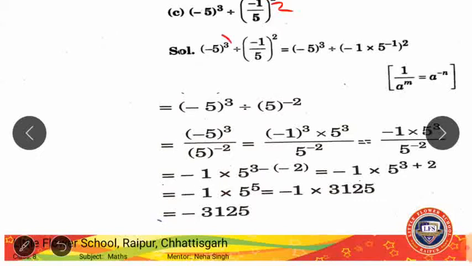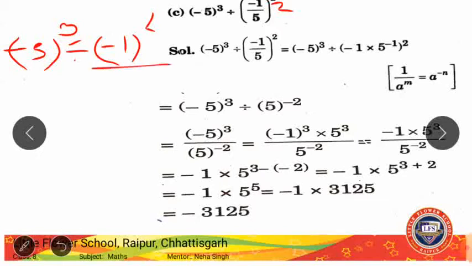Again, this is minus 5 power cube, right? And here it is minus 1 by 5 power square. So what can we do here? First we can separate the brackets. This will be minus 5 power cube divided by minus 1 square upon 5 square.